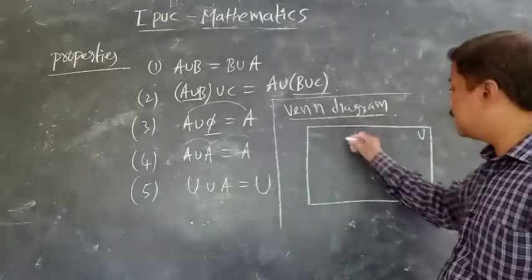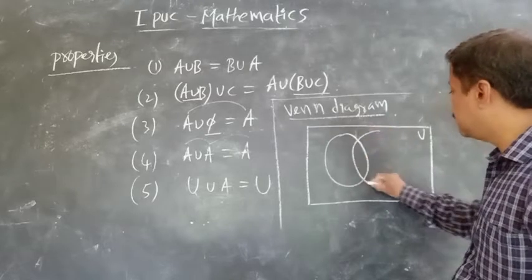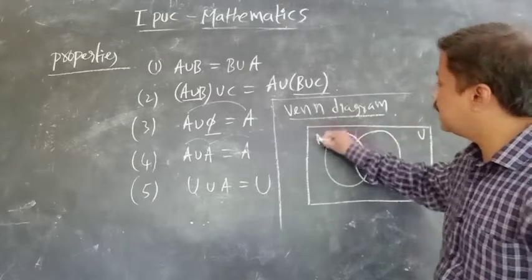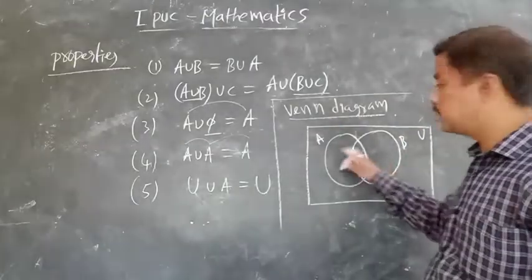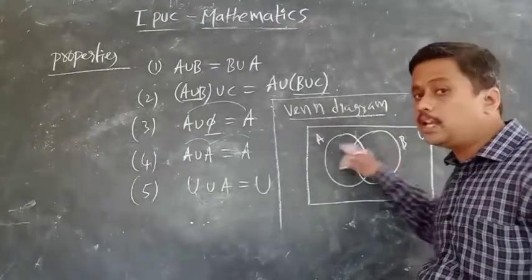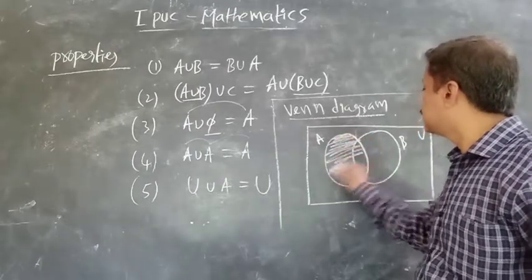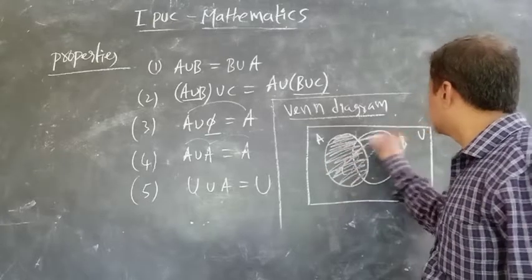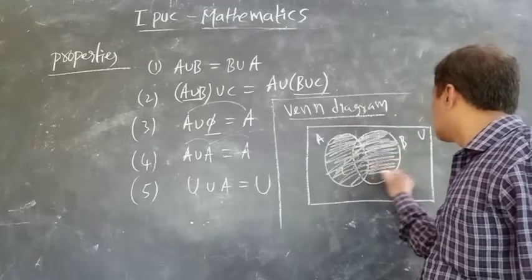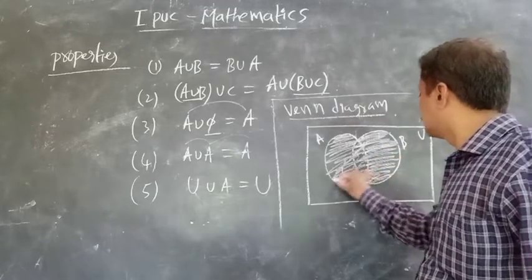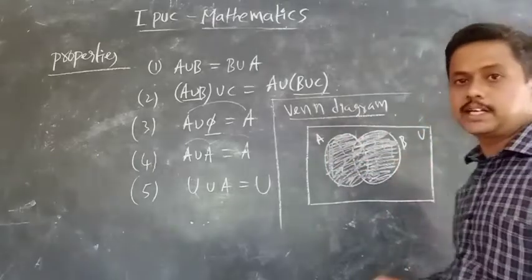And we are considering A. This is A, and this is B. Okay. So what should we shade? Union means everything comes, so that's why I will shade all of this. Okay, so this shaded part is known as what?